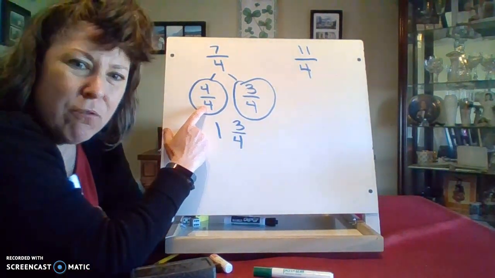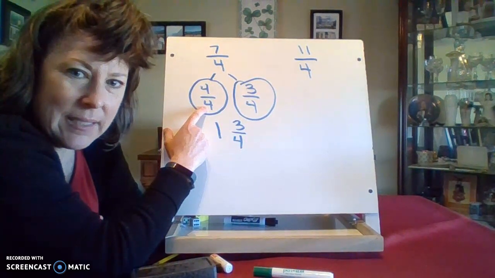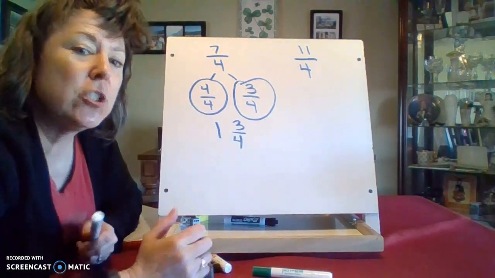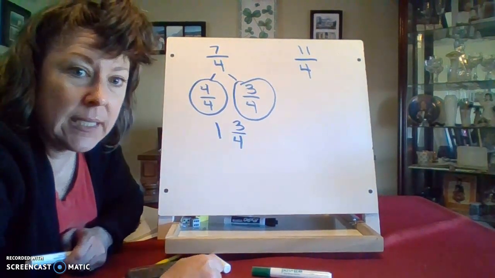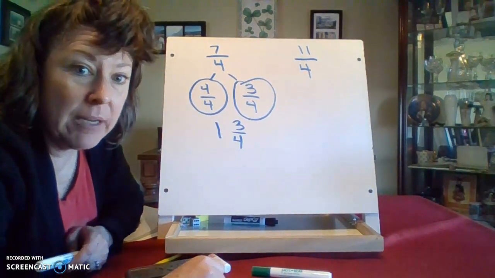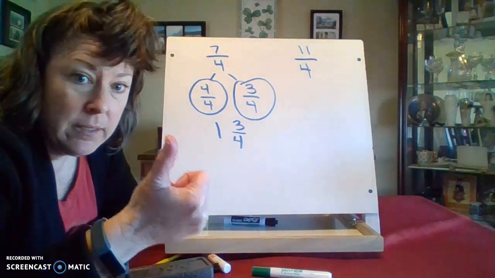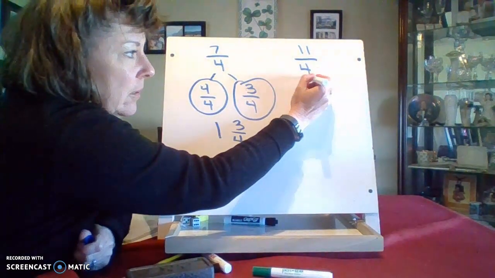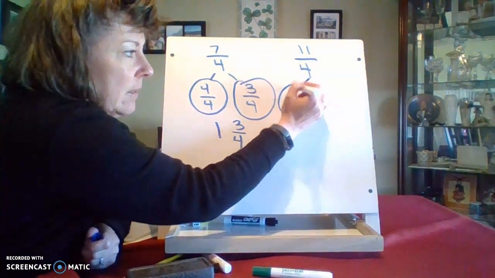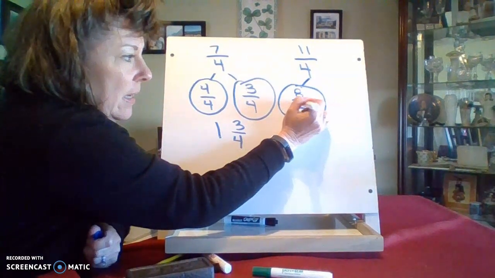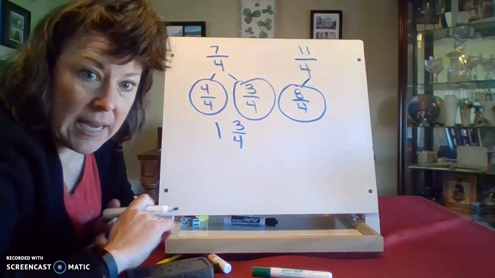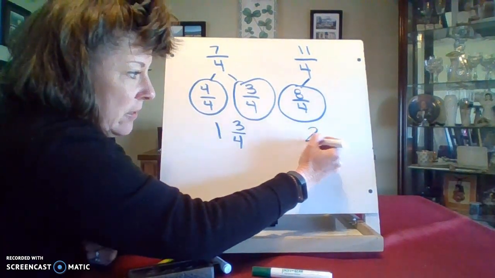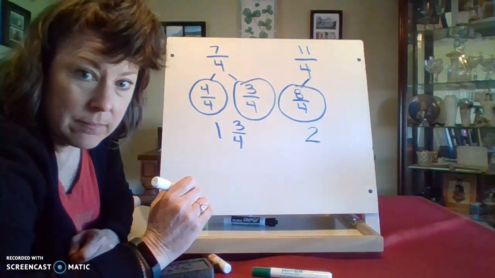If I just pull 4/4 out, I'm still going to have 7/4, and that's still an improper fraction. So I have to think of how many 4/4 I can pull out, or dividing 11 by 4. 4, 8, oh, I can pull 8/4 out, 4, 8, which I know is 2 wholes.